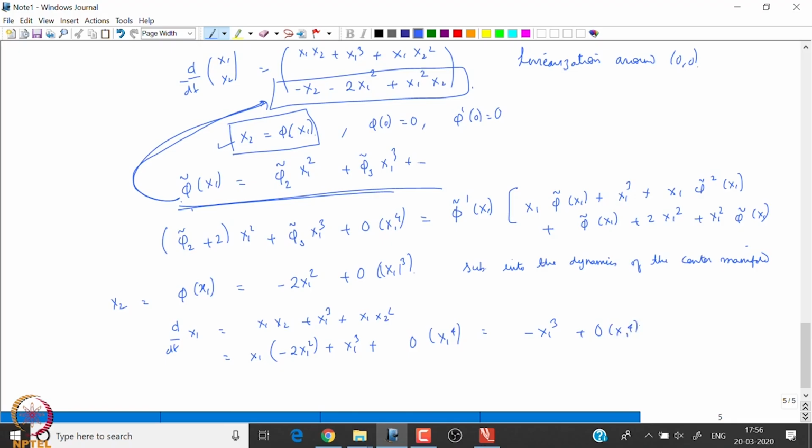Now, for this, because of the minus x1 cube, x1 equal to 0 is a locally asymptotically stable equilibrium point.